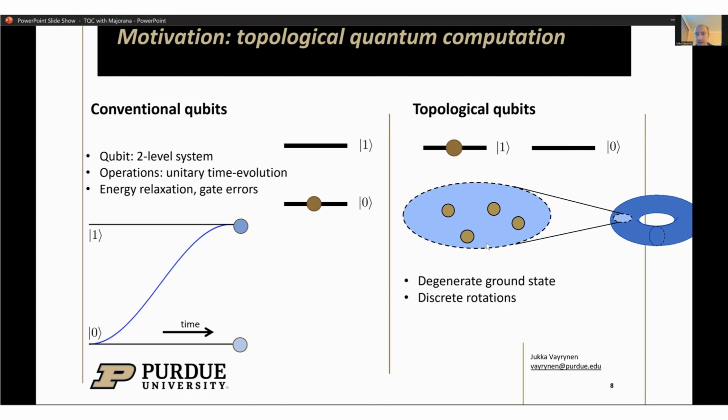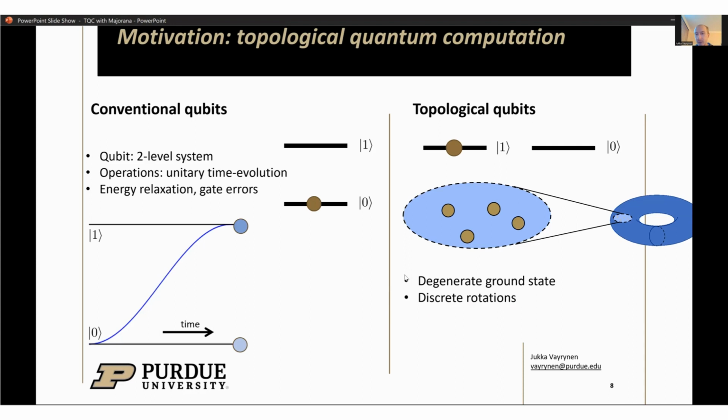The second is that these are discrete rotations, so they are topologically protected. They are insensitive to the exact path that I take when I do this braiding, and therefore they are restricted to some discrete angles. But that's also good because it means that there's no wiggle room in the angle. So you cannot get a gate error by doing this.